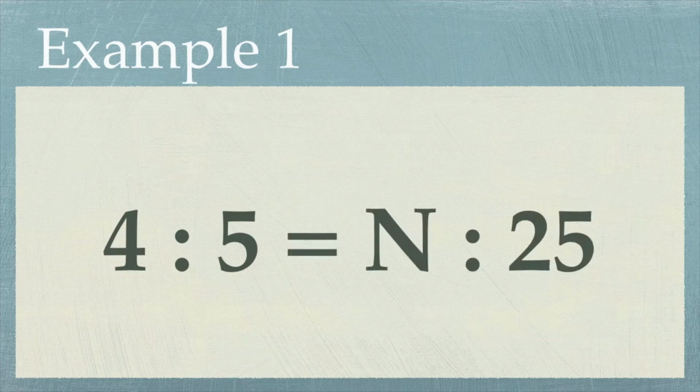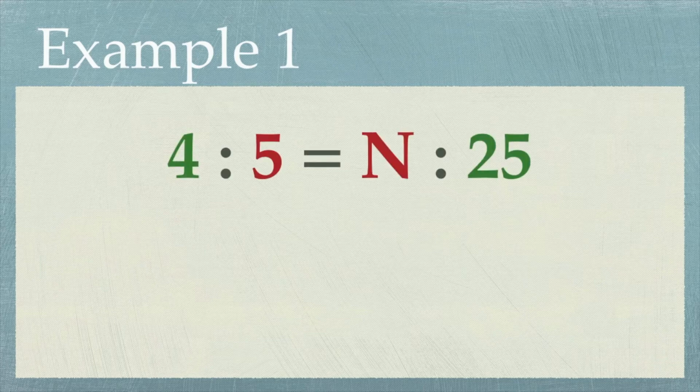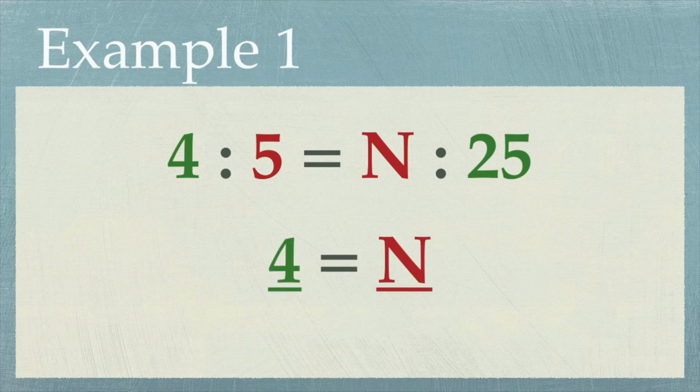Our first example, we have 4 to 5 is equal to n to 25. So the missing value is n. How do we solve for the equivalent ratio? First, we will change this ratio into fractions. So look at our example. We color-coded the values in order for you to remember easily. 4 becomes the numerator and n also becomes a numerator.